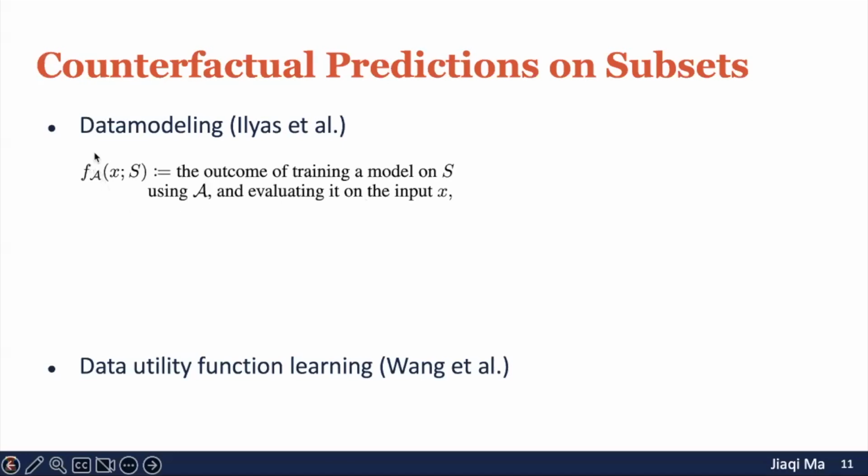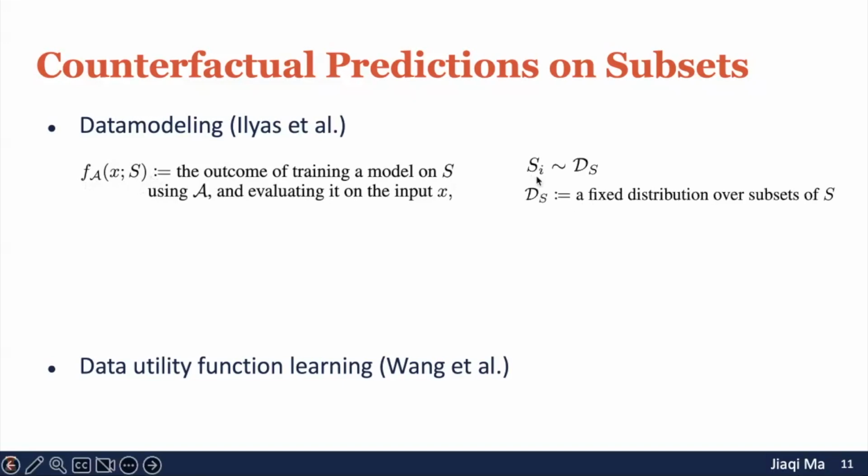And we also have a target function F that outputs the outcome of a model returned by A and evaluated at a test data point X. The outcome could be either the test loss or the model prediction logit on this data point X. So this function takes the data point X and the training set S as input, and is also dependent on the learning algorithm A.